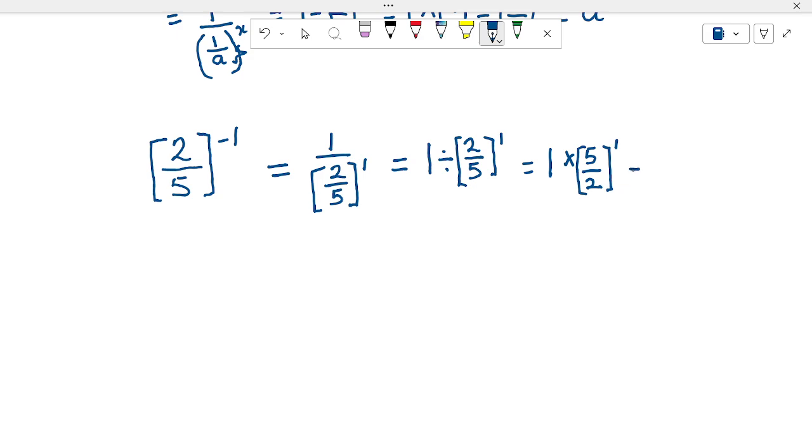So the answer is 5 all over 2, because 1 times 5 is 5, and 2 times 1 is 2. So your answer will be 5 divided by 2 raised to power 1, which is the same thing as 5 divided by 2. So that is the correct answer.